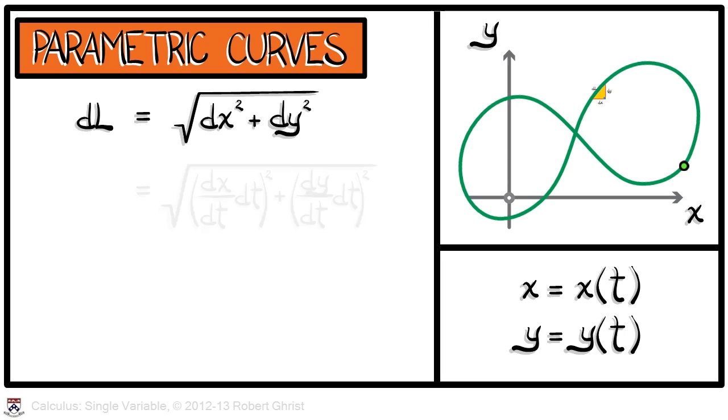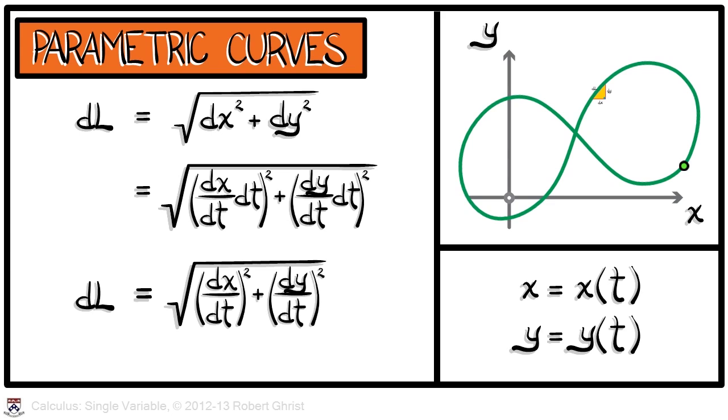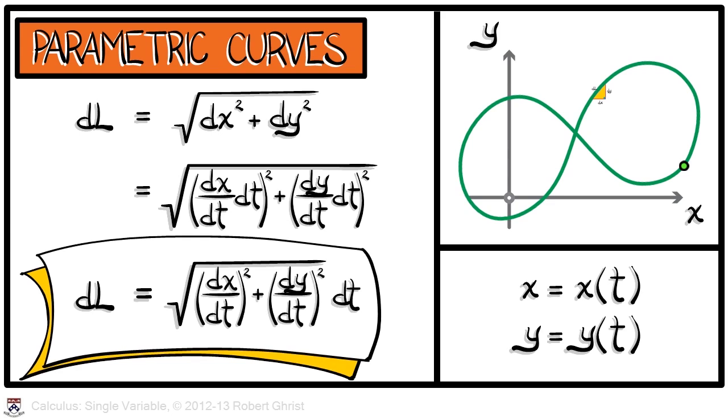Well, if x and y are given as functions of t, then dx is dx/dt times dt, dy is dy/dt times dt. Once again, we see that there's a dt squared under that square root that can be factored and pulled out, and we obtain an Arclength element that is the square root of (dx/dt) squared plus (dy/dt) squared times dt.